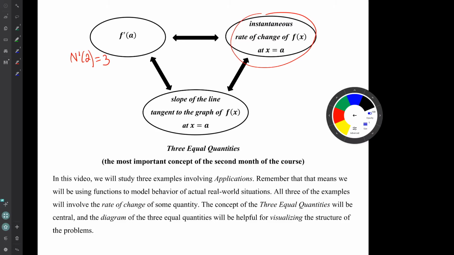Now, rate of change is a little bit subtle in this example because the variable does not represent time. It represents the number of dollars spent on advertising.